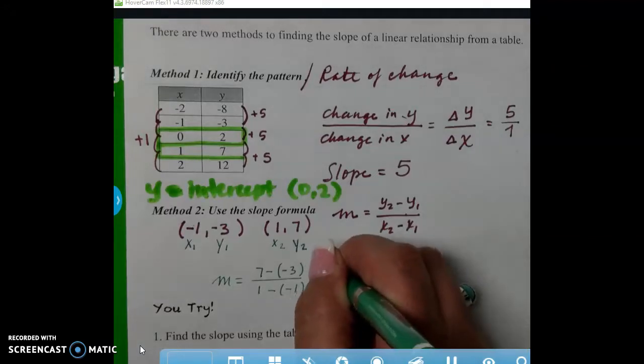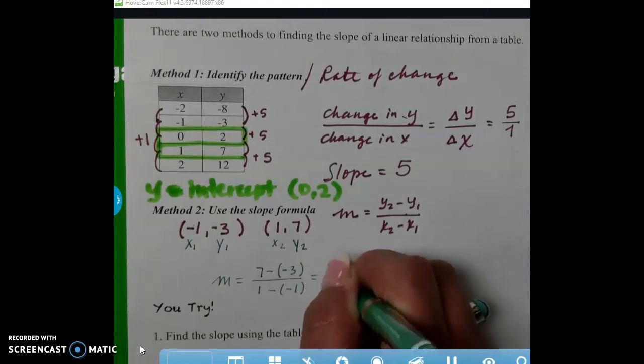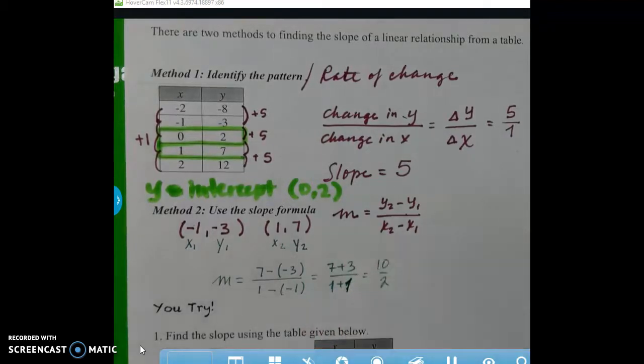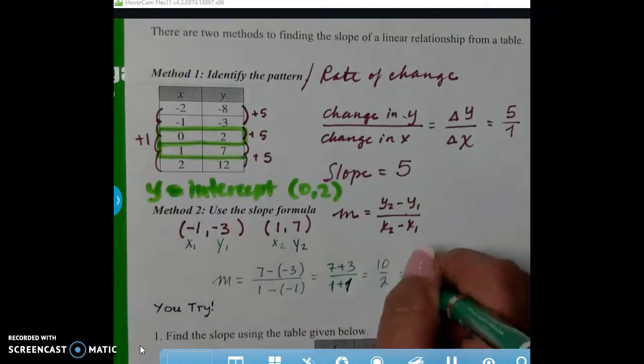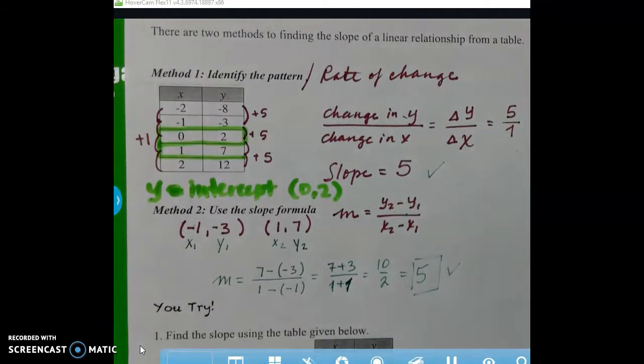One more time: 7 plus 3 and 1 plus 1 will give us 10 over 2, that reduces to 5. That's what we just saw earlier. So we have two of these methods that we can use to find slope, from the table or from coordinate points. Let's do this again. Example 2.